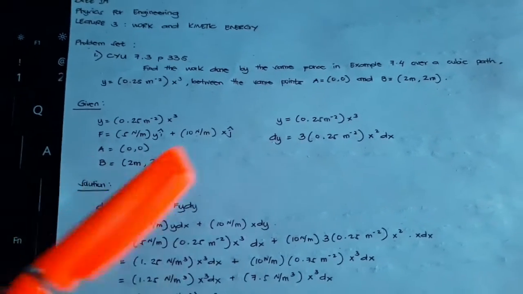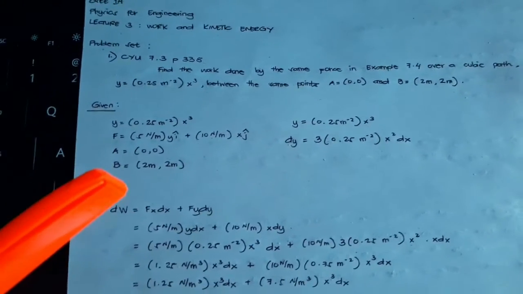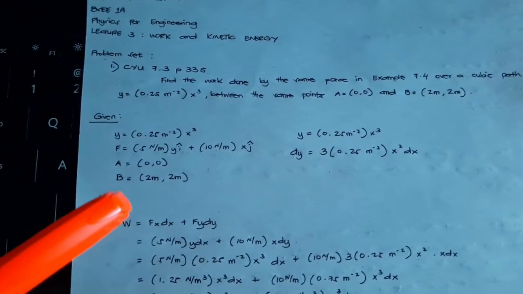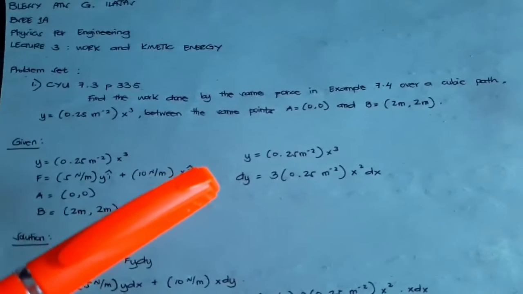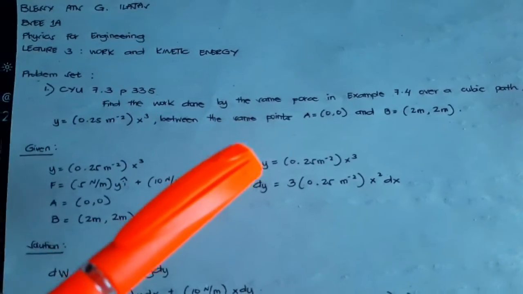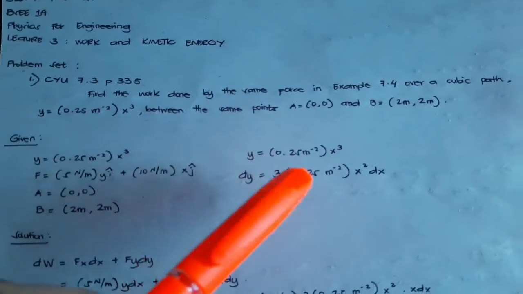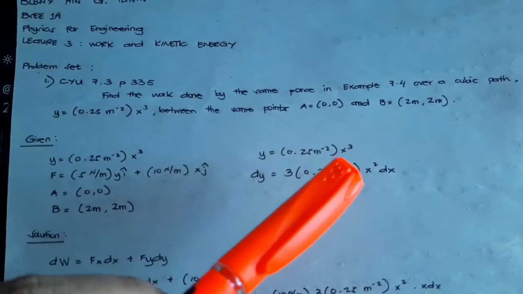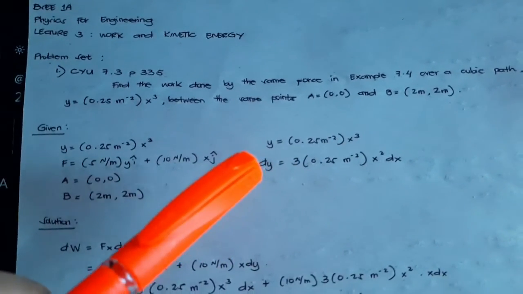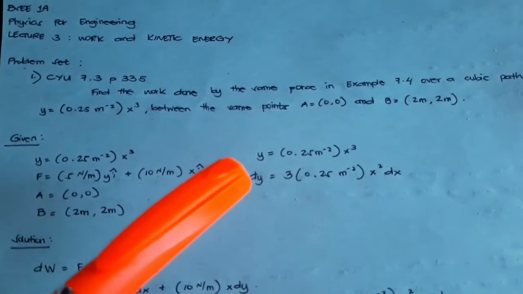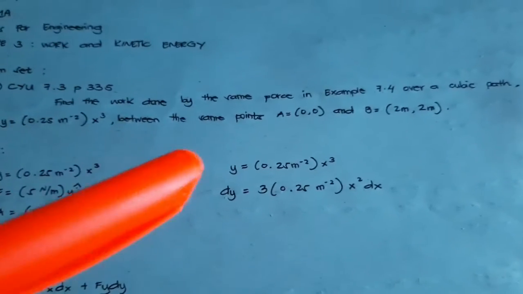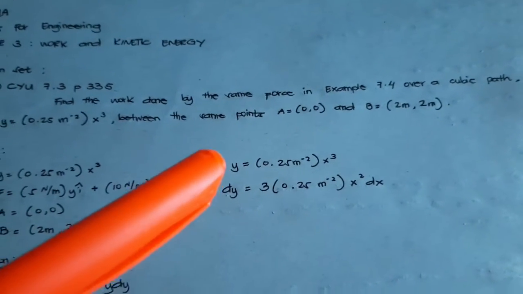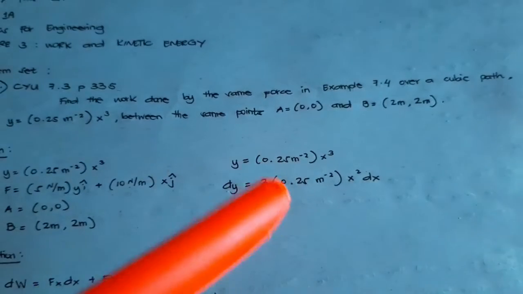Then our B, also given, is 2 meters and 2 meters. Then y is in terms of x, so y is equal to 0.25 meter raised to the negative 2 power times x cubed.